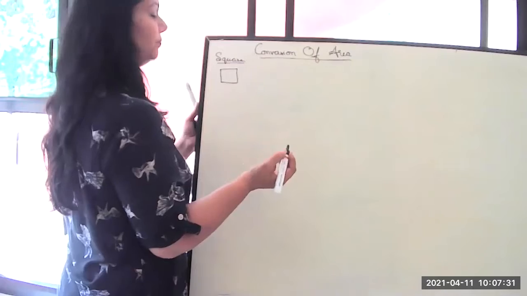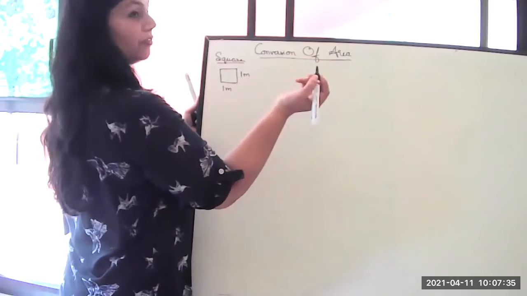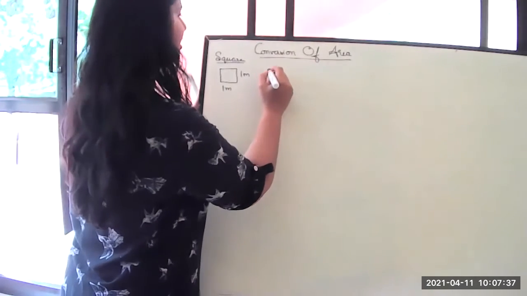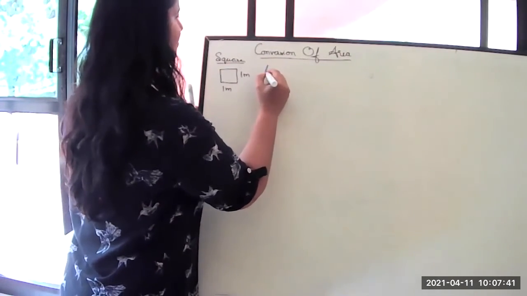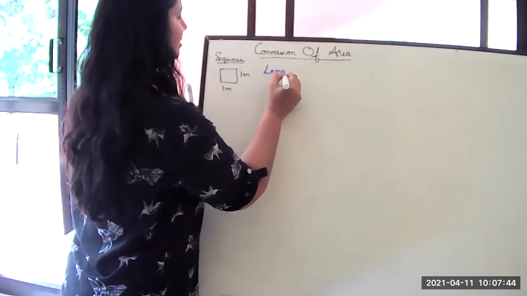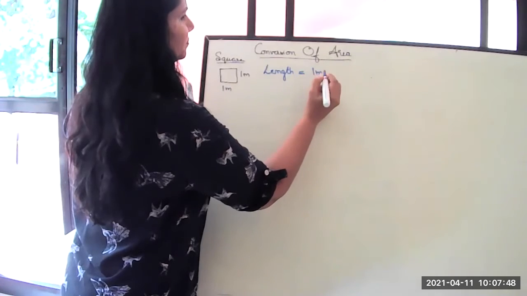Again, a square. I'm taking it as 1 meter. We have already done 1 meter, but let's see what we have to go for next. Length is 1 meter.